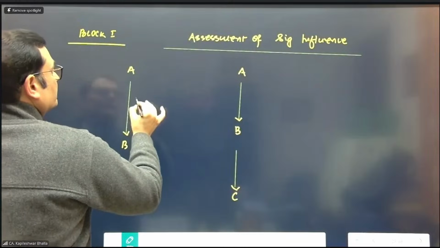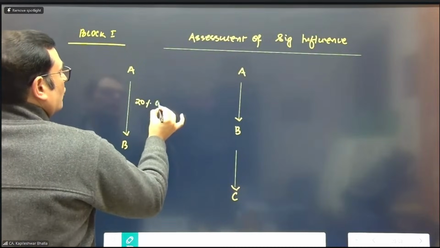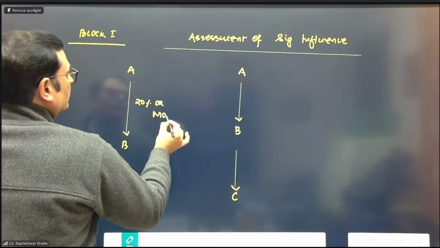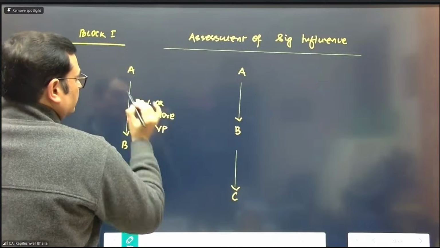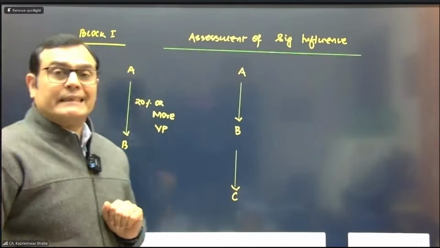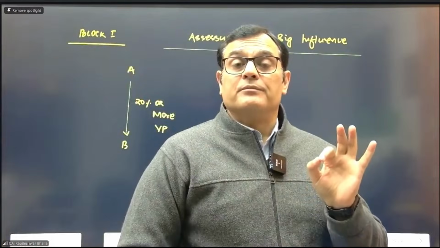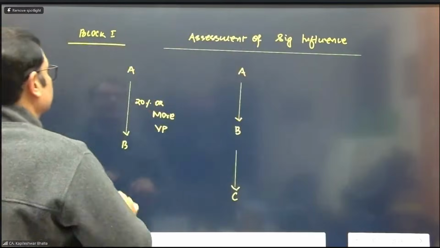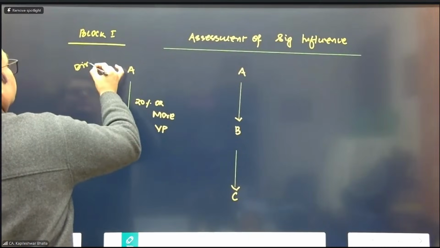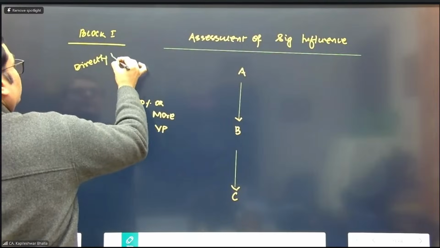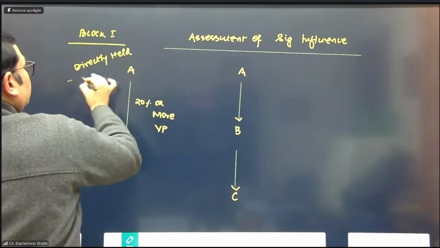Let's say A has got 20% or more voting power in terms of B. This is what we can say is directly held.